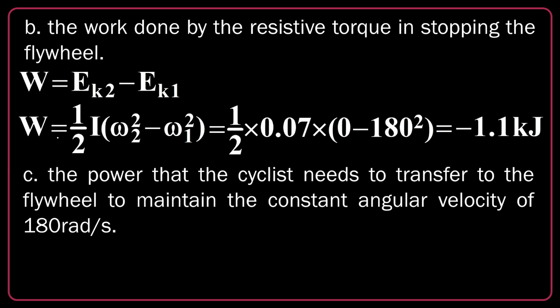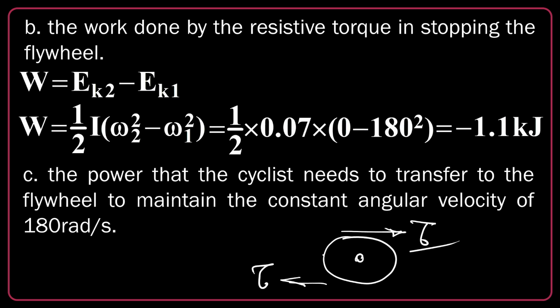Part C. The power that the cyclist needs to transfer to the flywheel to maintain the constant angular velocity of 180. Here, the cyclist comes into play. It's acted on by a resistive torque, okay? And also you, as a cyclist, are applying a torque, like the forward torque, to compensate that dissipation of energy.